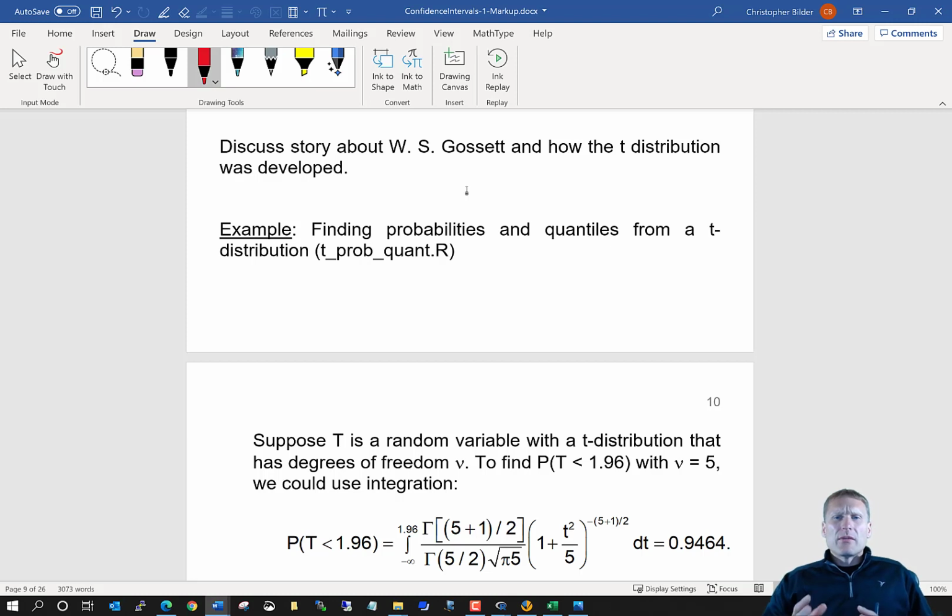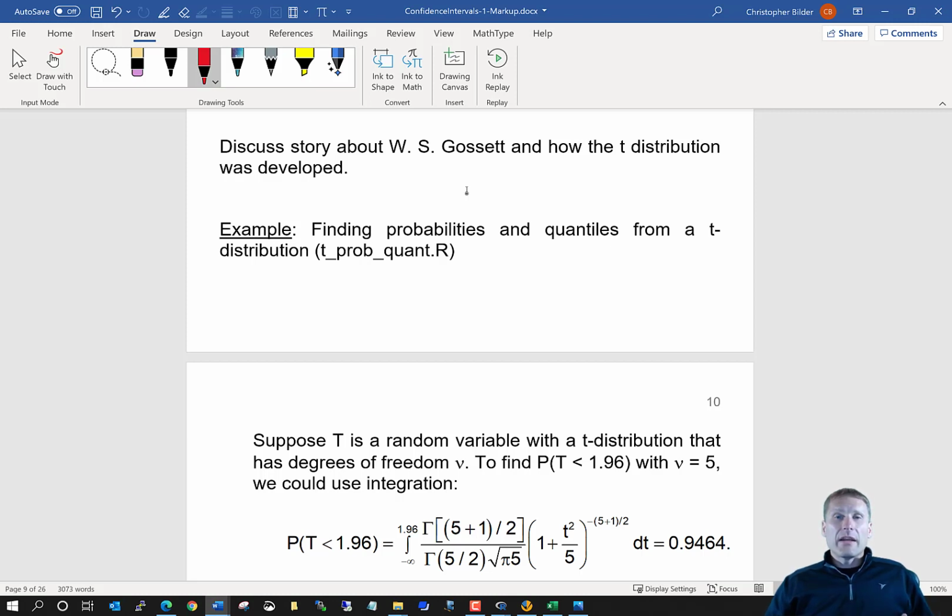He was doing some quality control stuff with the beer they were making, and noticed that the normal distribution just wasn't working as well as they would like. So he did some math, came up with this t-distribution idea, and he wanted to publish it. But Guinness Breweries wanted to protect their trade secrets, so they told him no.